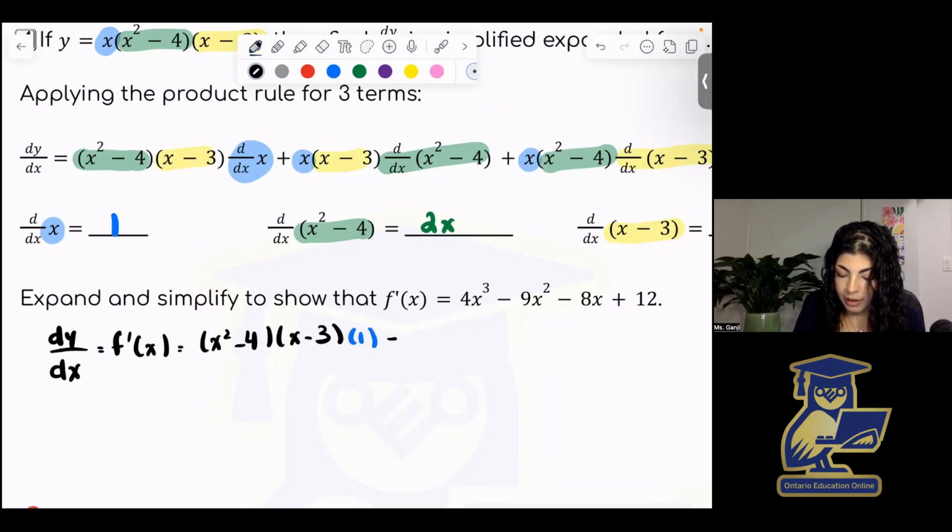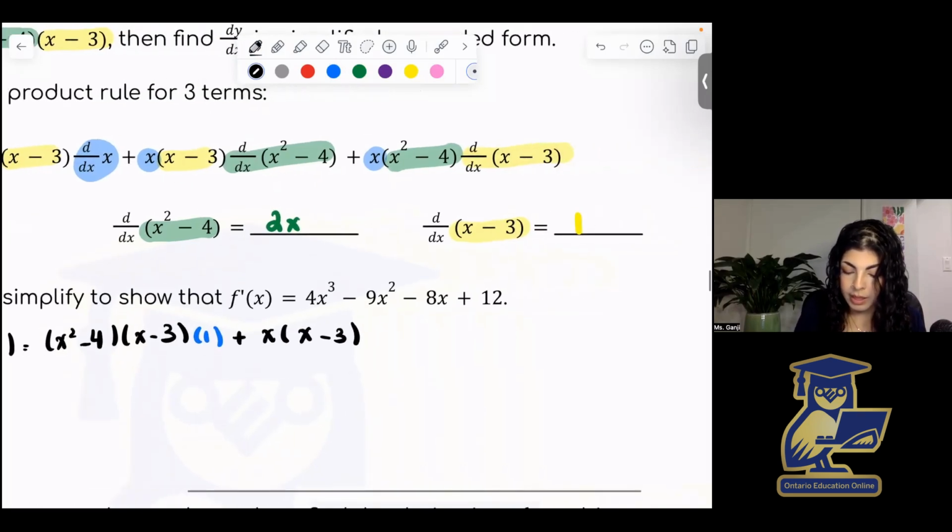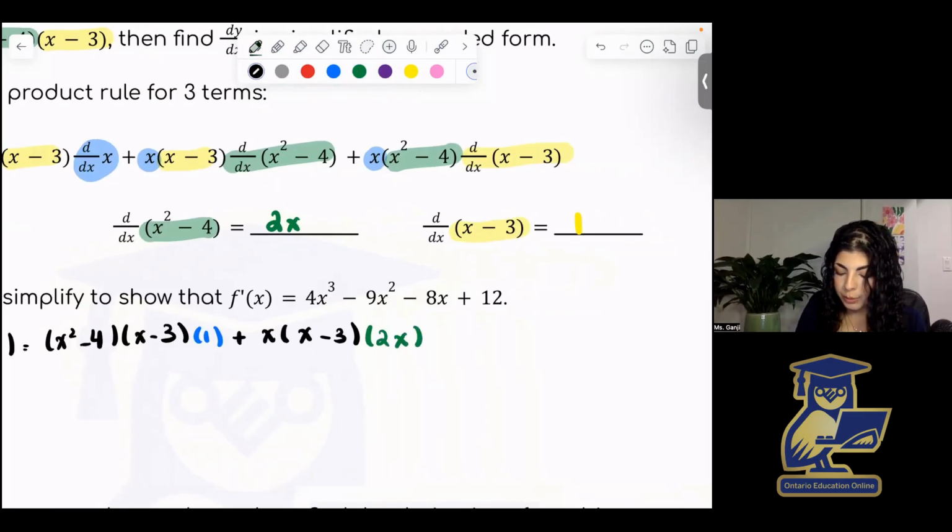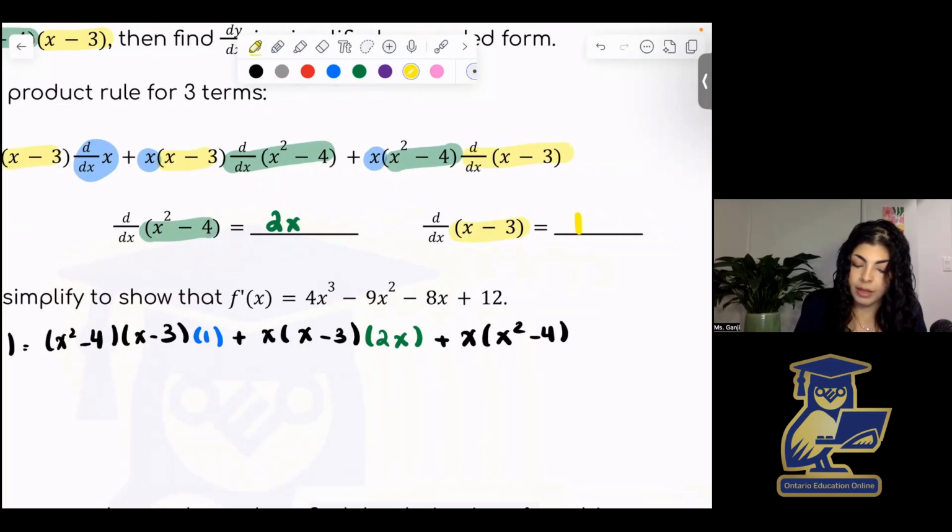And then we have x minus 3, and then 2x. And for our last term, we have x squared minus 4, and 1.